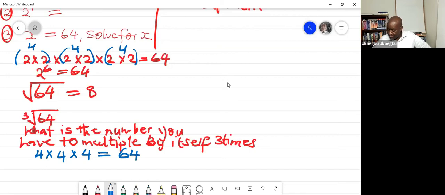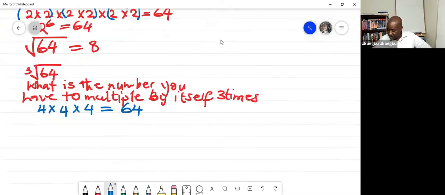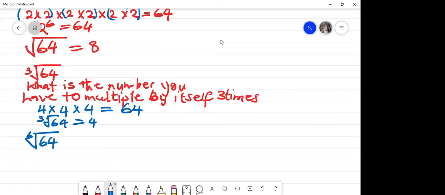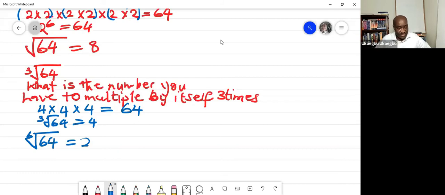So the cube root of 64 is equal to 4. That's how you think about it. Now, how about the sixth root of 64? What should it be? 2. Yes, it comes down to 2. That's the right way to think about it.